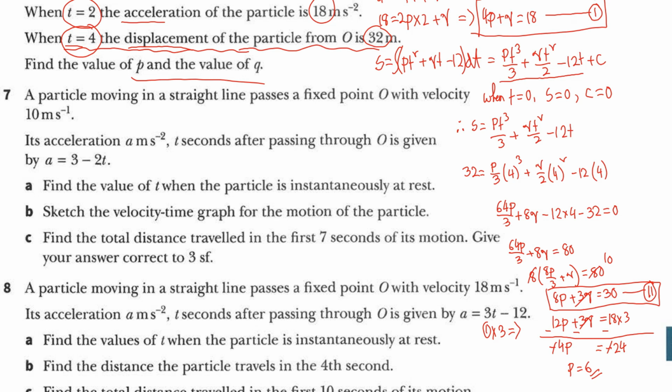From equation 1, q equals 18 minus 4p, which is 18 minus 4 into 6, so 18 minus 24, and from there we get minus 6. So this is our value of q, minus 6, and for p we got 6 as well. So this is the total working of this question.